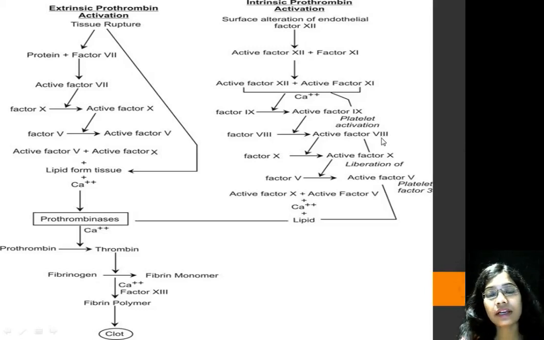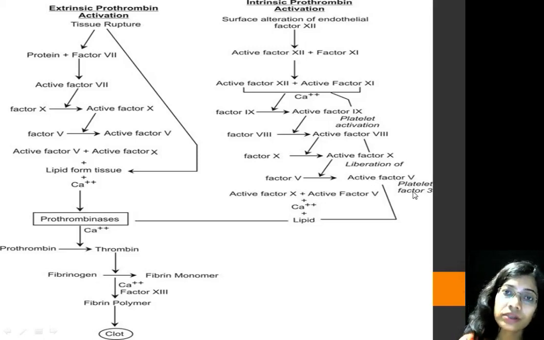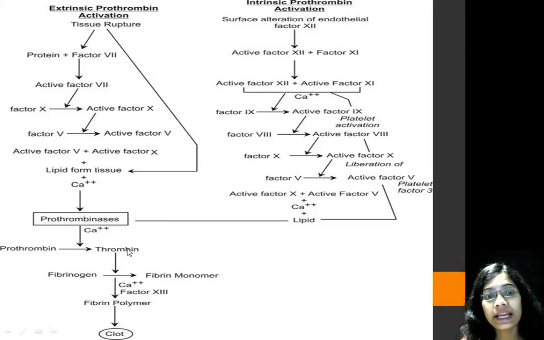In the presence of active factor 8, factor 10 gets activated, and in the presence of active factor 10, factor 5 gets activated. Factor 5 or platelet factor 3 plus activated factor 10, in the presence of calcium and lipid, forms prothrombinase enzyme again.